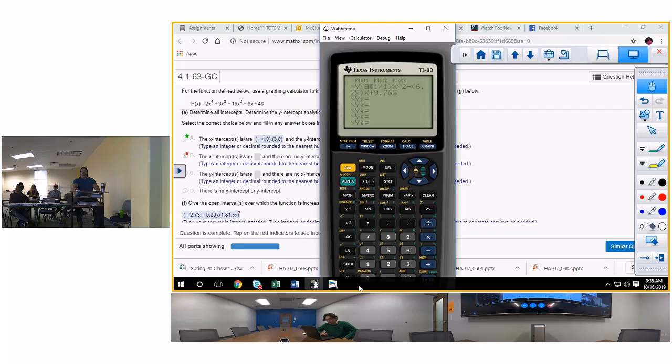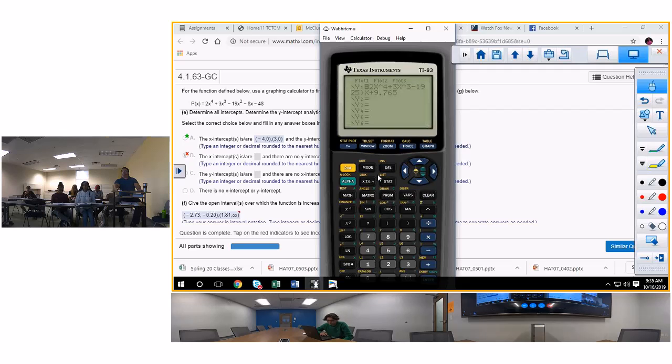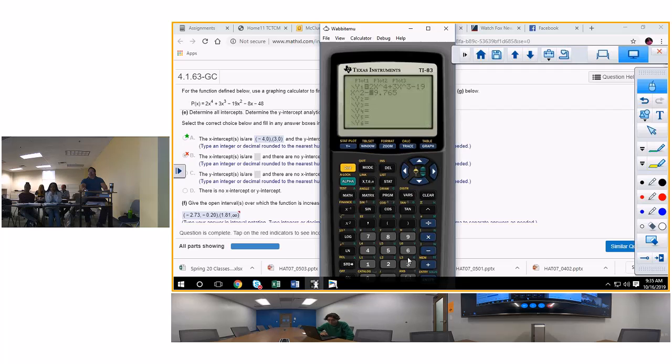Okay, so 2x to the 4th, plus 3x to the 3rd, minus 19x squared, minus 8x, minus 48.